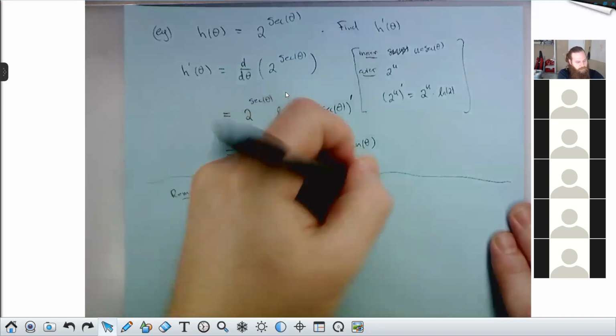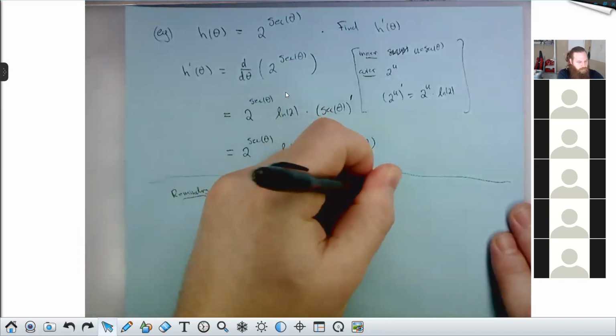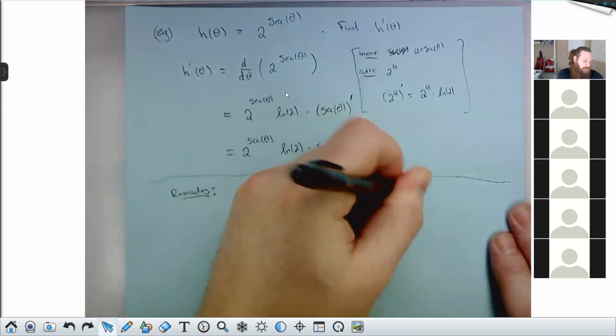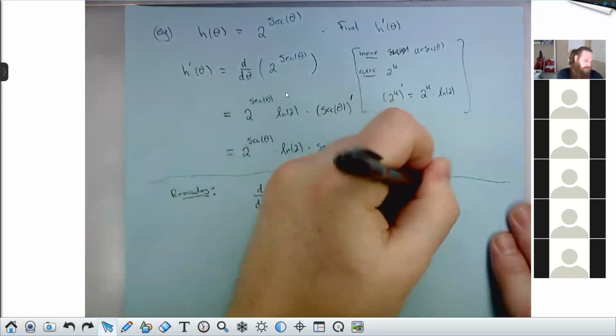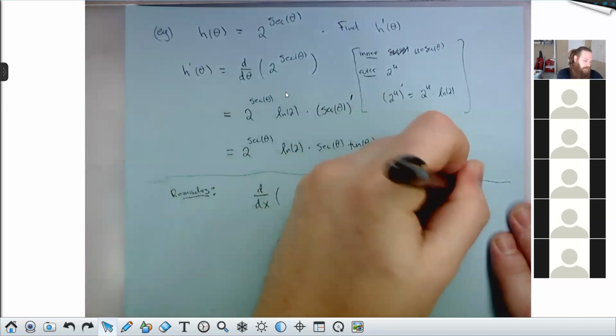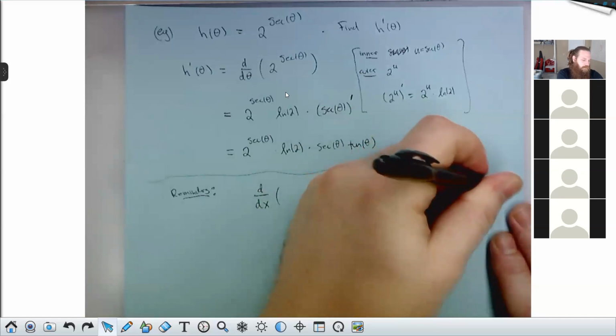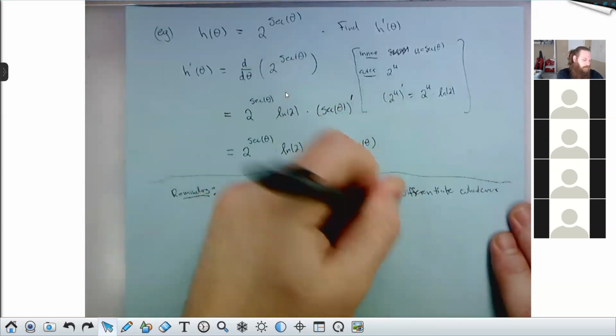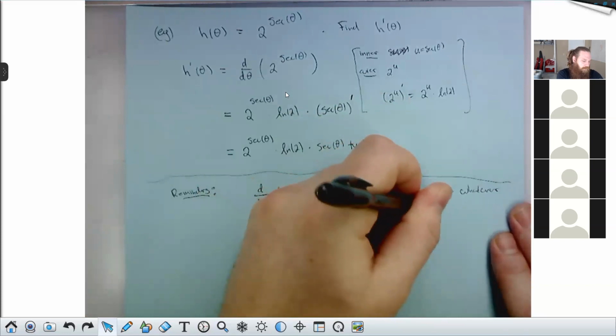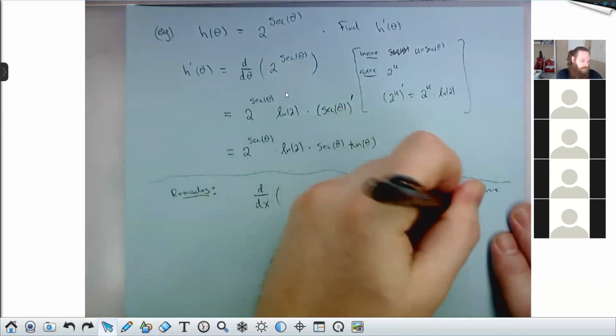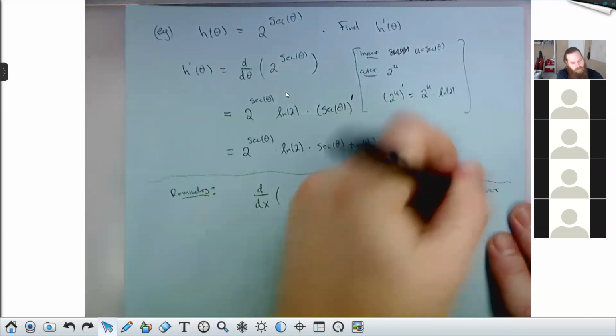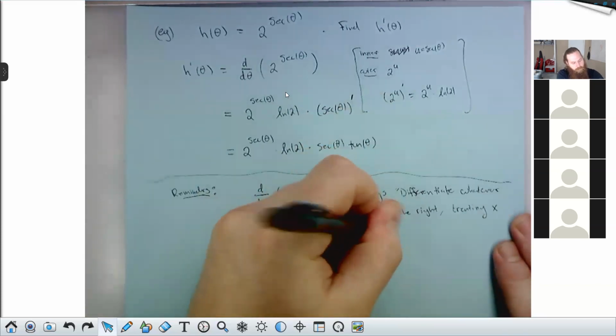This thing says differentiate whatever is to the right, treating x as the variable.